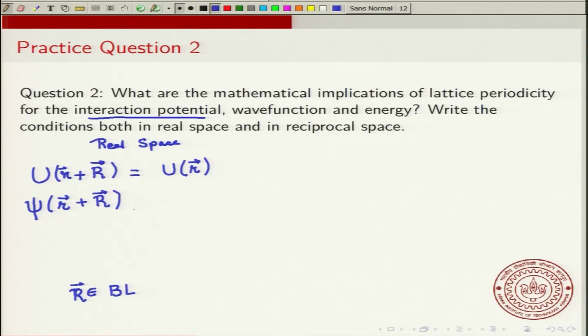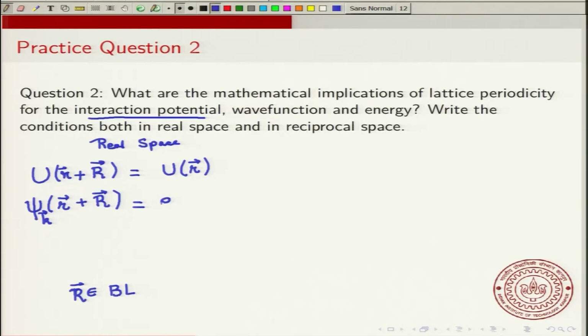Now this wave function can be expressed as a linear combination of wave functions with different values of k. So we index it with the letter k, to say the wave vector. You can express it in terms of these functions that depend on the wave vector.